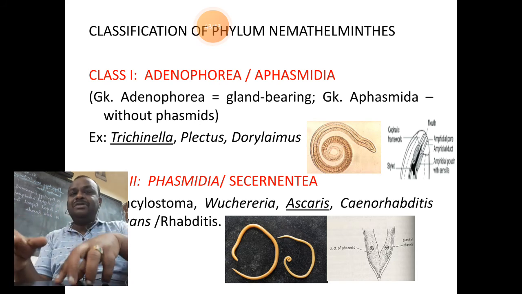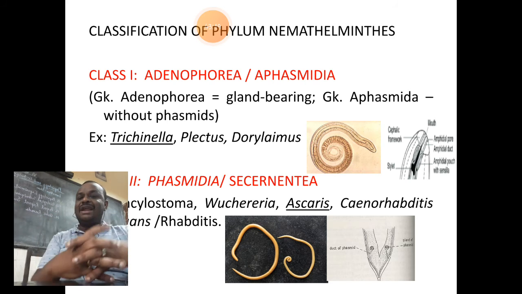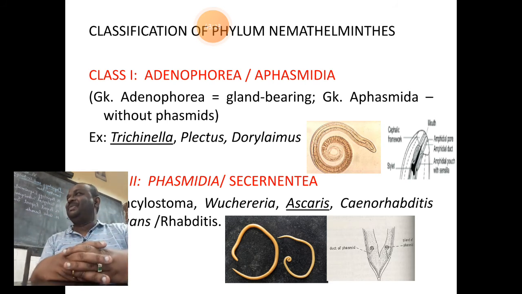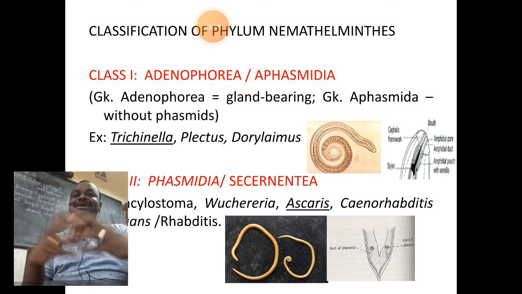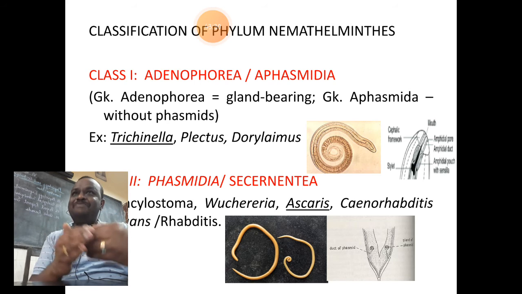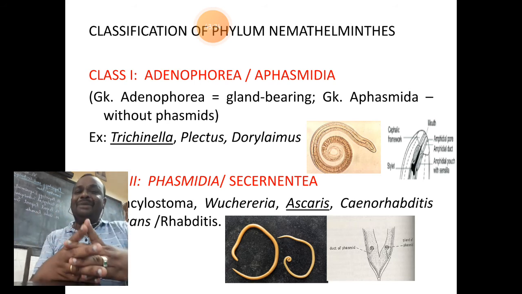You do not have the classification of the phylum in your syllabus, but for our understanding we shall go through it because we need to know the examples. Okay, examples. As I told you earlier, the classification of nematodes is based on the sensory structures which are positioned on the body.